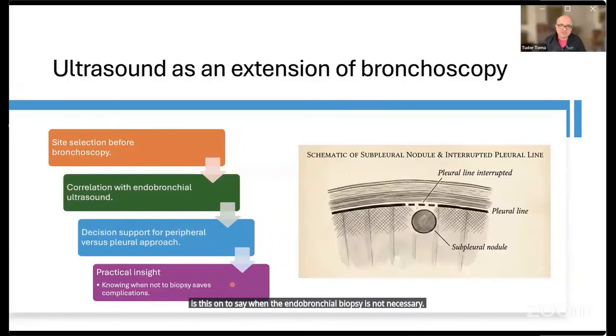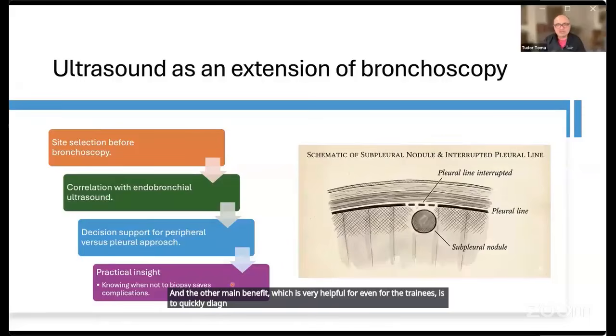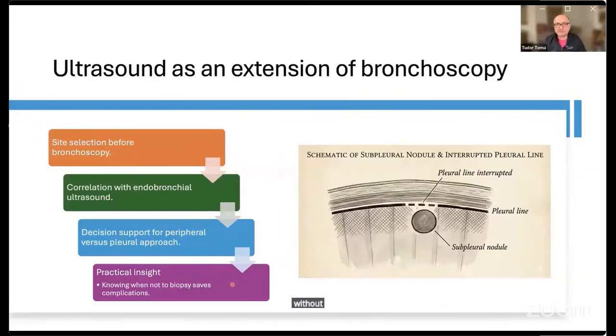And the other main benefit, which is very helpful even for the trainees, is to quickly diagnose a complication related to a transbronchial biopsy or to a peripheral biopsy there and then in the bronchoscopy room, without the need to move the patient to radiology or wait for the radiology to approve an X-ray and so on to diagnose if the patient has a pneumothorax.